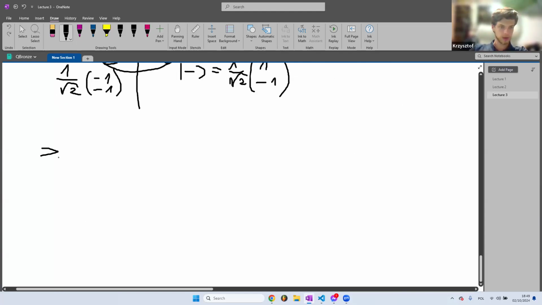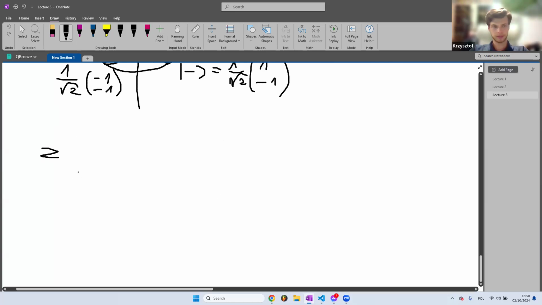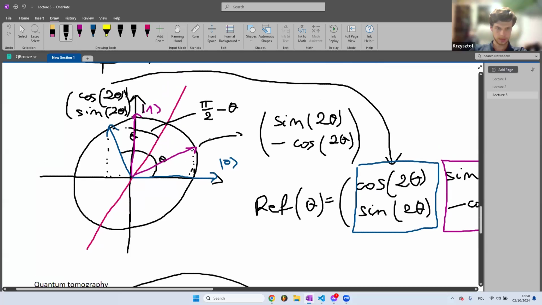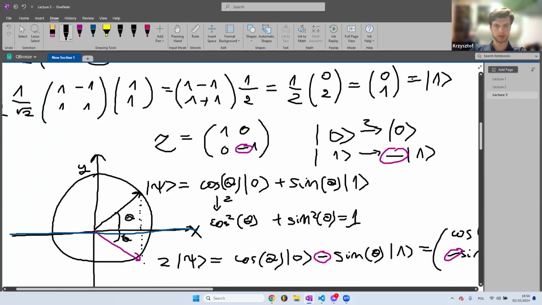So in the case of our Z gate, we had an operator which, after applying to 1, gave us the state -1, right? I also wrote it somewhere here.